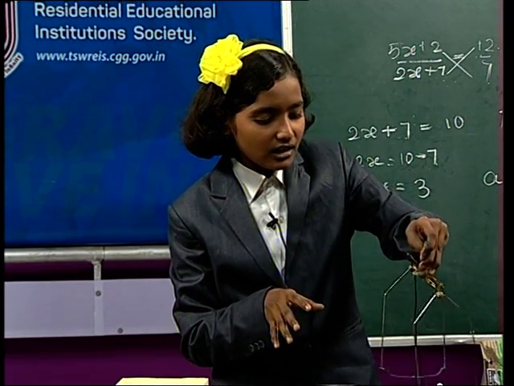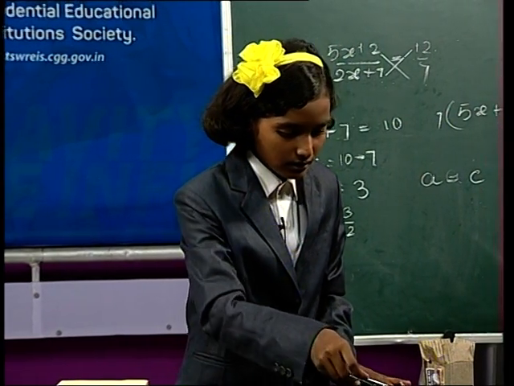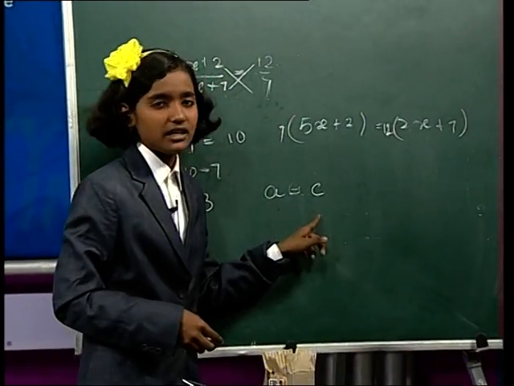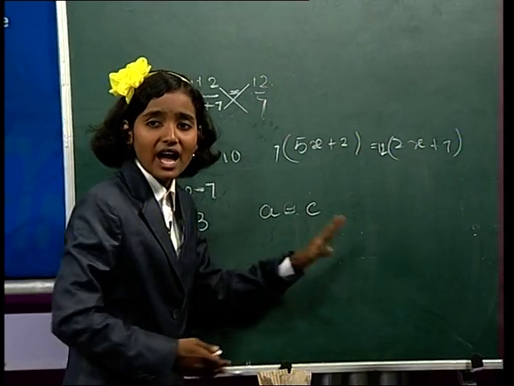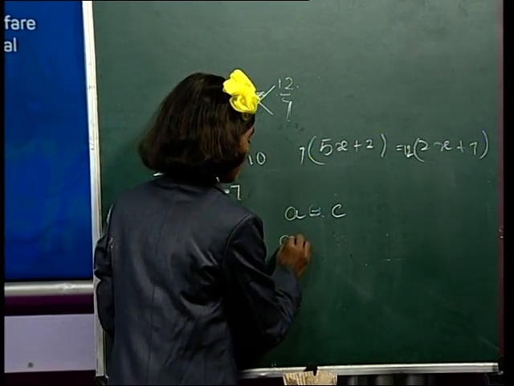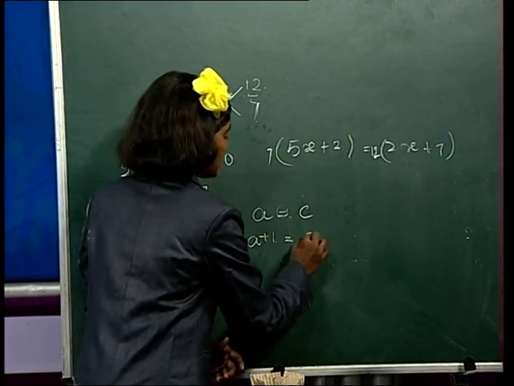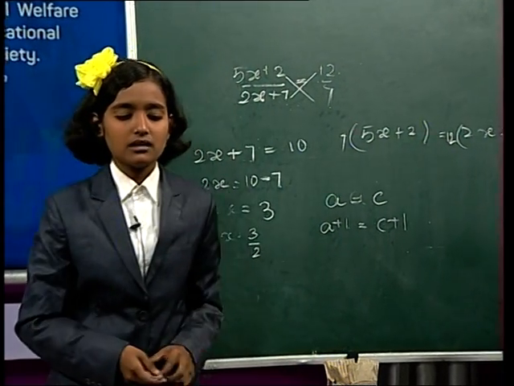Here A equals C. What we add to the RHS, we have to add that value to the LHS also. Suppose A plus 1, so we have to add 1 to C also. When we add that, it becomes balanced.